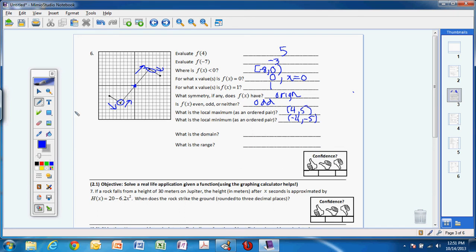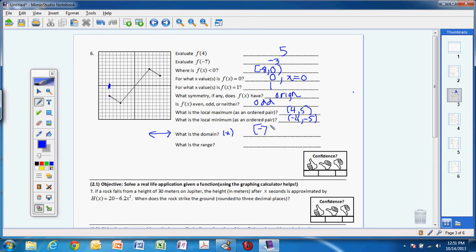Now the last thing I can do on this is find domain and range. So domain, remember, is the leftmost part of our graph all the way to the rightmost part of our graph. And domain is x values. That's why we're talking about horizontally which way we're moving. So in this case, my graph starts at this point right there, which is when x is -7.